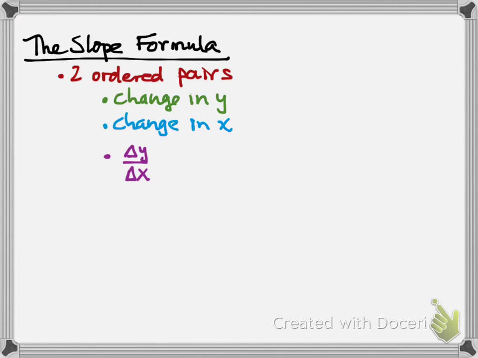Okay, so let me give you coordinates for the two ordered pairs. In order to come up with a formula, we use variables. So my x and y for my first ordered pair is going to be x sub 1, y sub 1. The little low 1 is just saying these two belong together. So this is your first ordered pair.